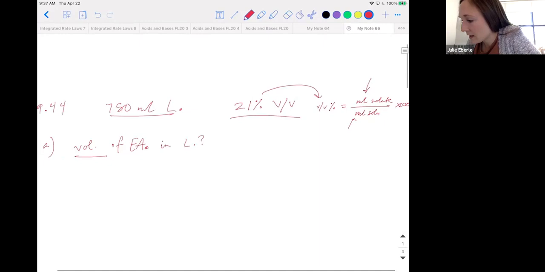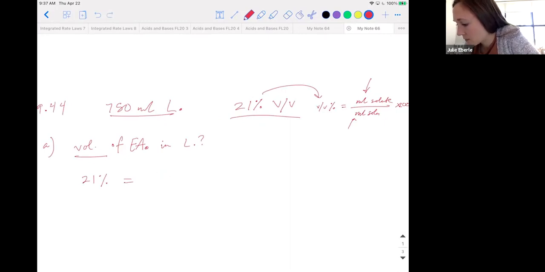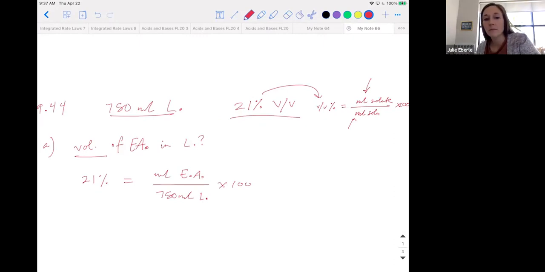So what we'll say is 21% equals the volume, or actually just write our units, just write milliliters. Milliliters of ethyl alcohol divided by 750 milliliters of our solution, Listerine, times 100. And now we just solve for milliliters ethyl alcohol.